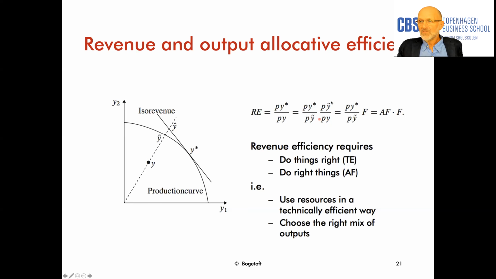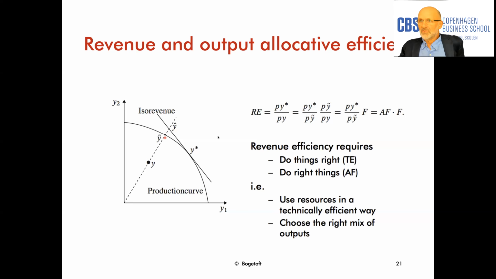Then this one here is the revenue I generate in this point compared to the revenue I generate in this point. And that's like an allocative efficiency measure. A large one means a large allocative inefficiency. I could have increased my revenue quite a bit had I chosen a mix of services that is perfectly aligned with the prices in the market.